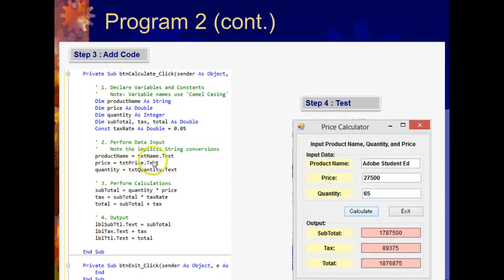Then we do the data input. So text name dot text, that's this text box. Text price text, that's this text box, and so on. And then we do the calculations. Quantity times price is subtotal, and these also, and then we load them into the output. Okay?